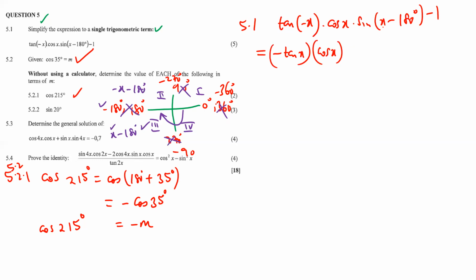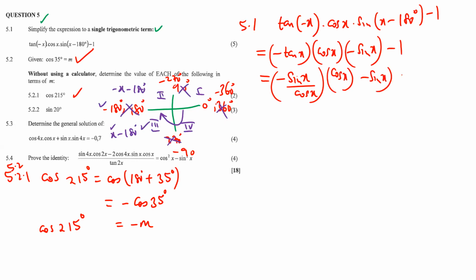I said x minus 180 is in the what? Is in the third quadrant. In the third quadrant, the sine is negative. Minus 1. Right, so we have minus the tan. The tan is the trigonometric sine over the cosine of x. Cosine x, minus sine x minus 1.